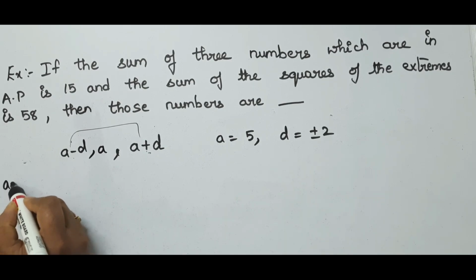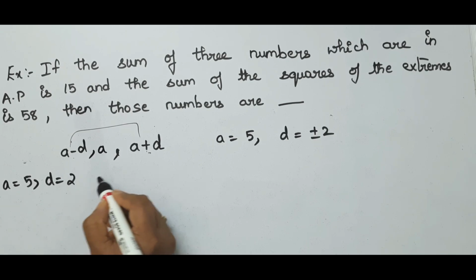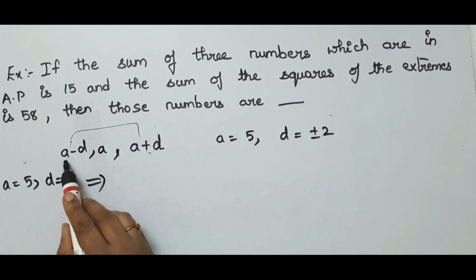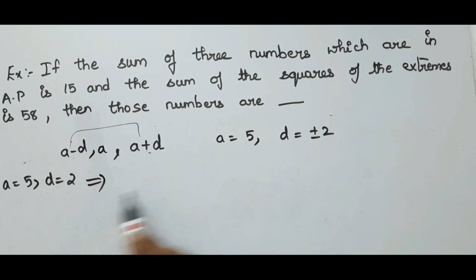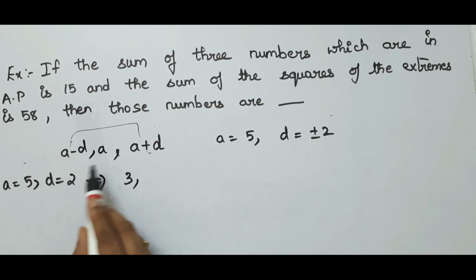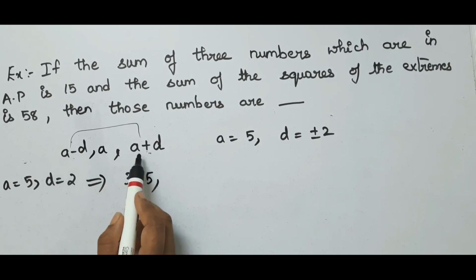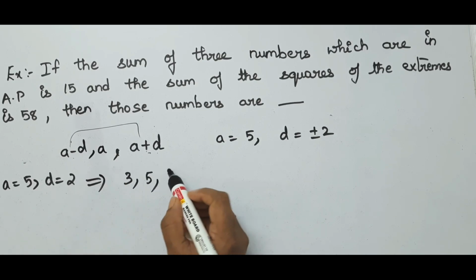That is, if we take a is equal to 5, d is equal to 2, then the three numbers will be a minus d, that is 5 minus 2, which is 3. And here a is 5, and a plus d, that is 5 plus 2, is nothing but 7.